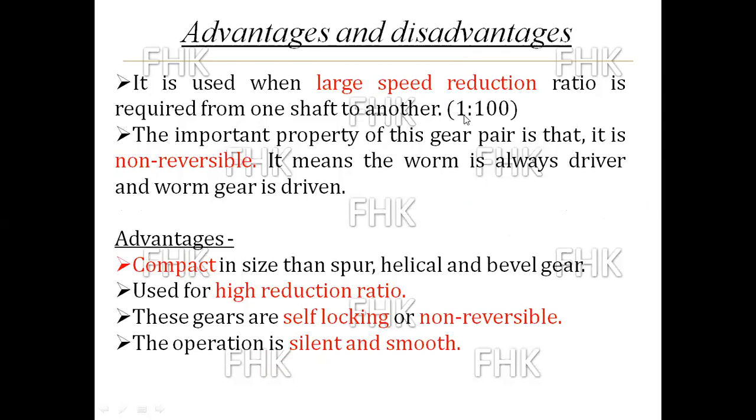Generally that speed reduction ratio is 1:100. So whenever in your application a large speed reduction ratio is required, at that time this worm and worm gear drive is used. The second important property of this gear pair is that it is non-reversible.